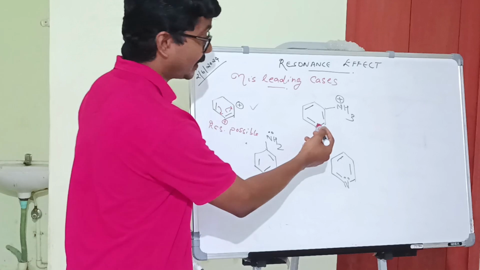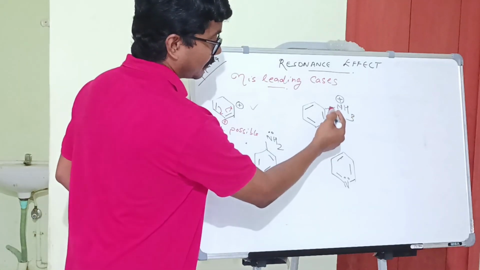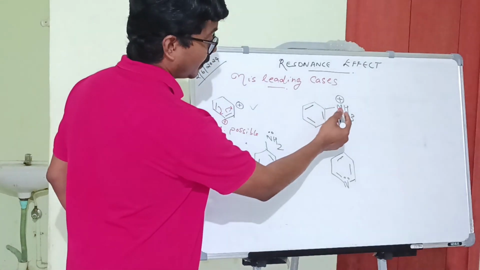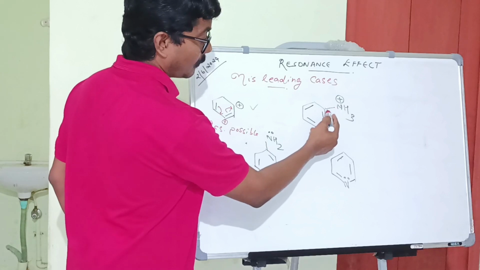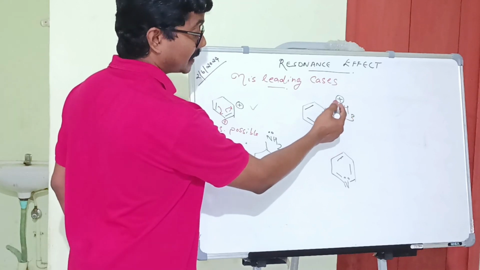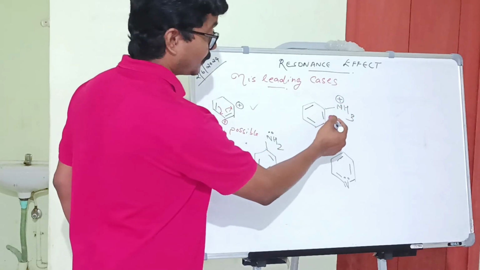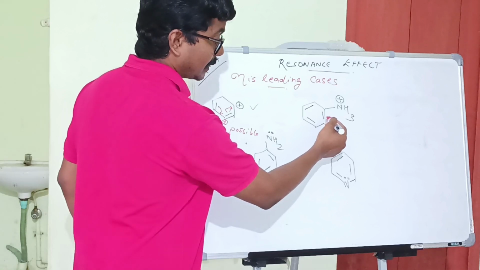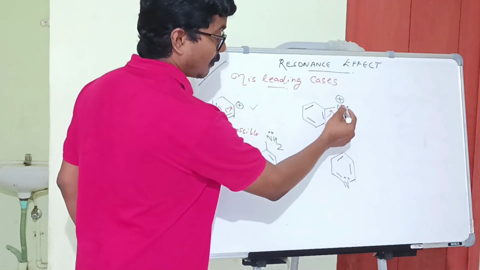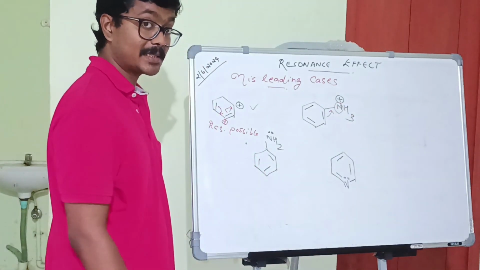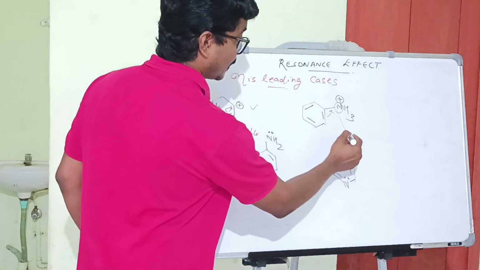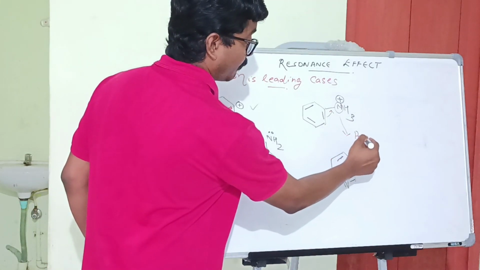And the second case, with nitrogen: whether resonance is possible. Nitrogen has 1 bond and 3 bonds. It's a quaternary ammonium. Suppose this bond comes here. What will be the valency of nitrogen? The valency will be pentavalent.